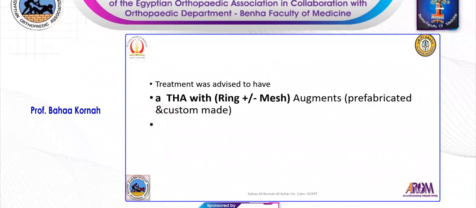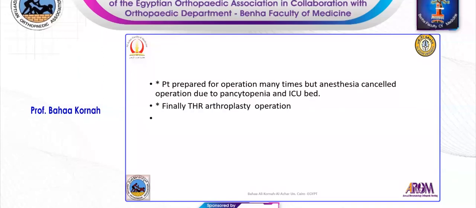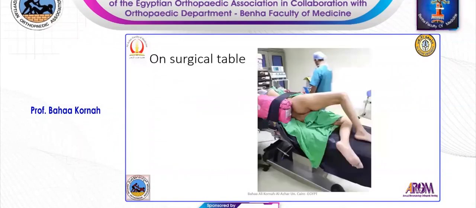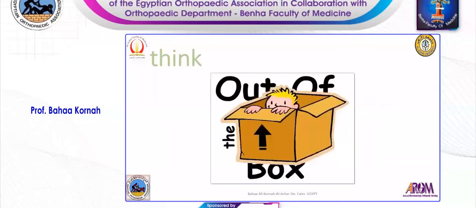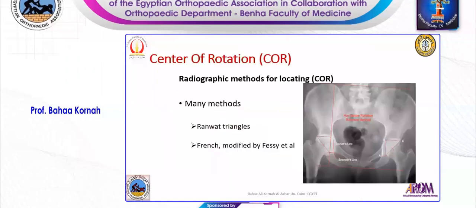So the treatment option at that time was total hip with ring and mesh, augmented, prefabricated or custom made. So the patient was prepared, and this is our patient on the table. You can see that after sleeping, there is a fixed flexion deformity of the hip. So we think out of the box.